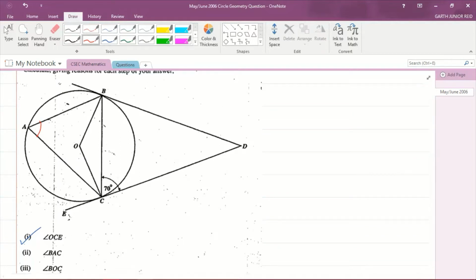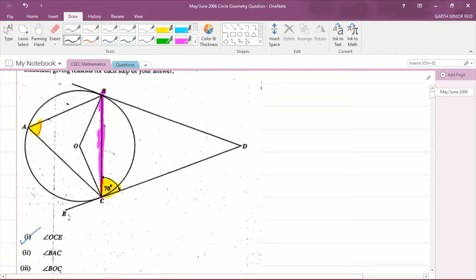What do you know about this angle there and this angle here? Now notice that we have a chord here that I'm highlighting in purple, the chord BC.